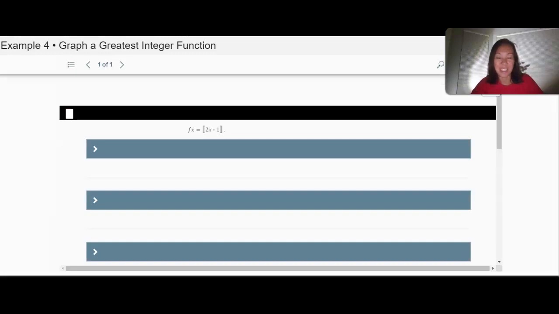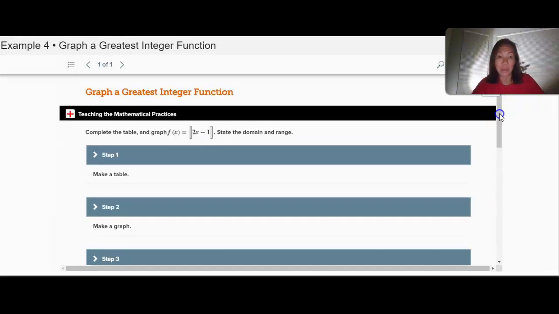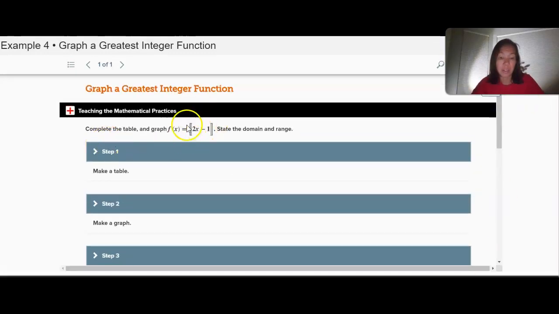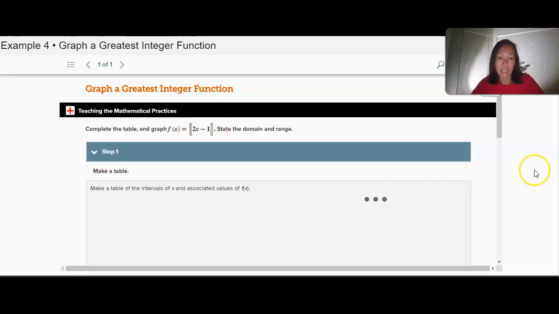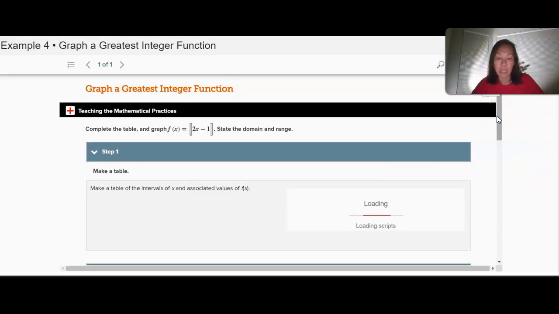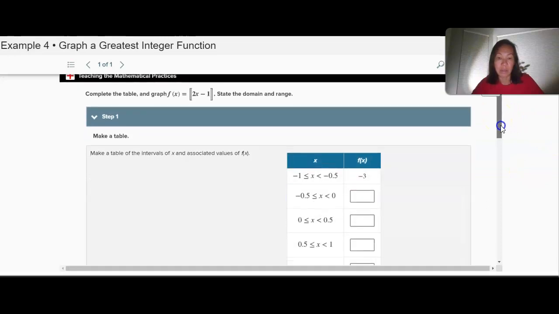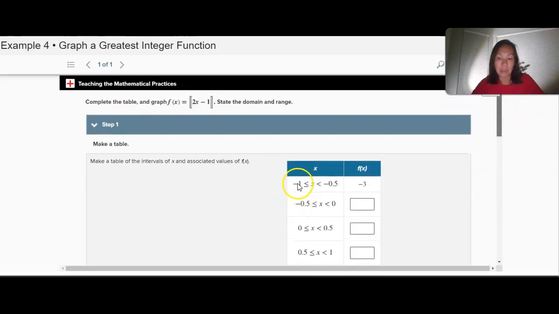If we are graphing a greatest integer function, look at this next example, and you guys could be following along in your books. If I want to graph the greatest integer of 2x minus 1, again, what we're going to do is make a table of values. In this case, these intervals were chosen because we have this 2 here.